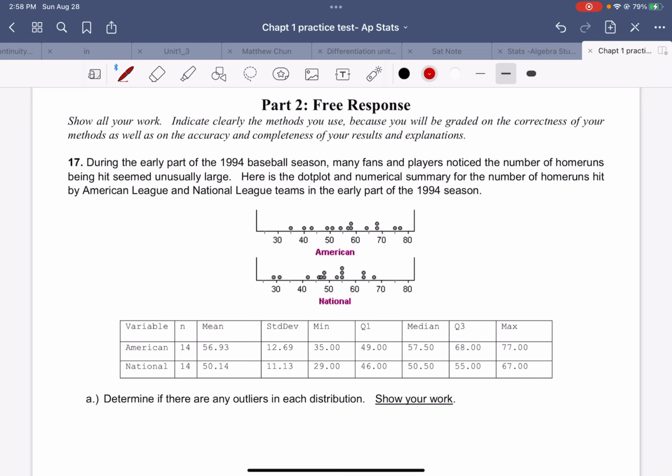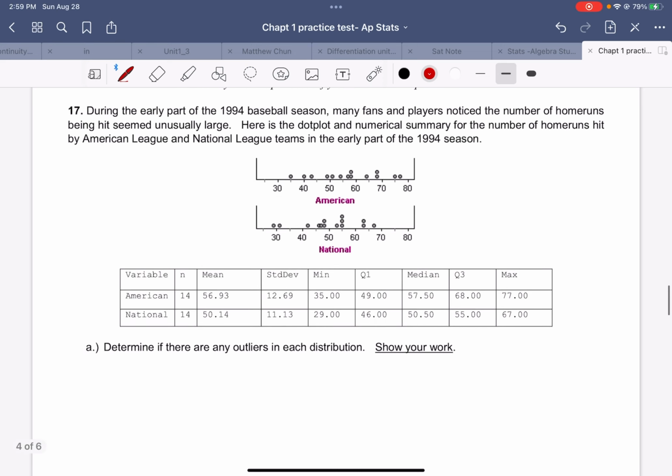During the early part of the 1994 baseball season, many fans and players noticed that the number of home runs being hit seemed unusually large. Here is a dot plot and numerical summary for the number of home runs hit by American League and National League teams in the early part of the 1994 season. So there's a dot plot about the data, and they gave you American League and National League.